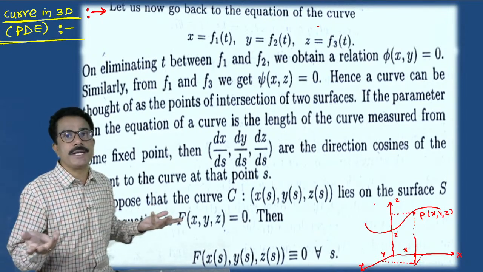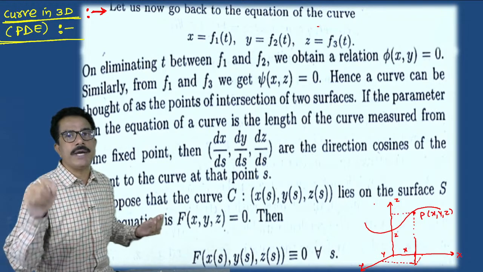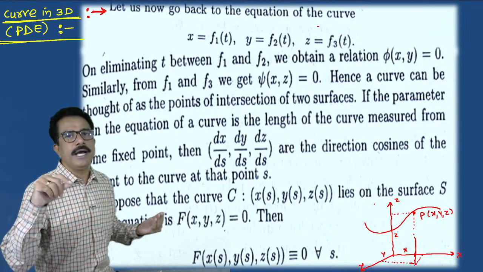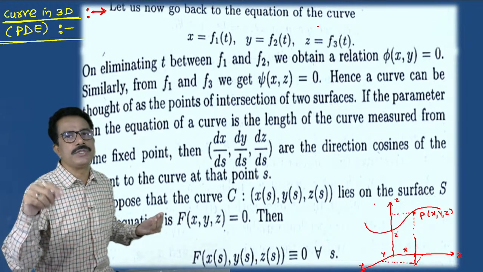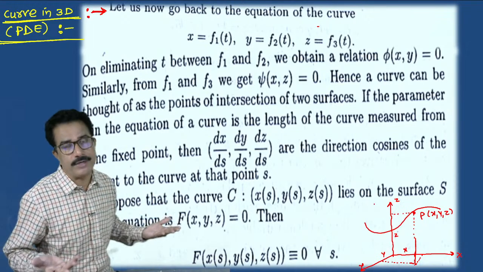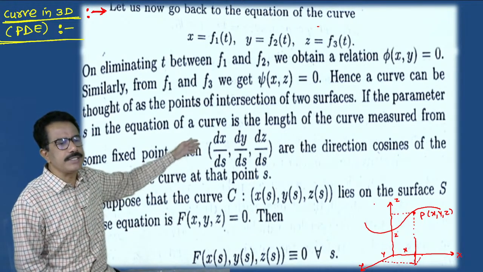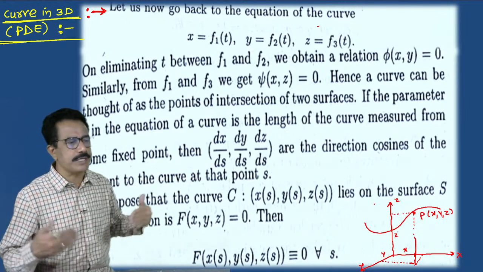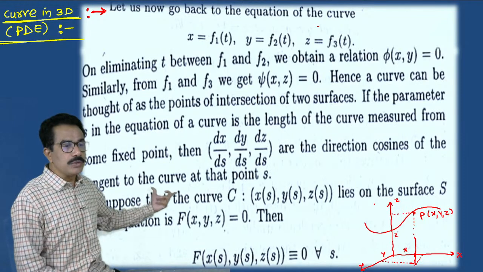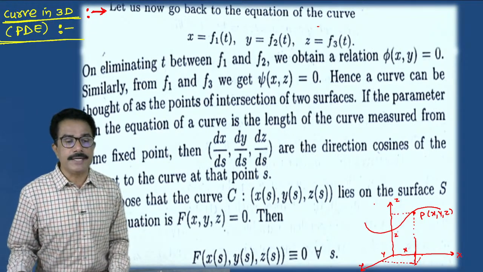We can express x equals x0 plus ls, y equals y0 plus ms, and z equals z0 plus ns, where l, m, n are the direction cosines of the line. Same process here: dx by ds, dy by ds, dz by ds are the direction cosines of the tangent to the curve at a point s.